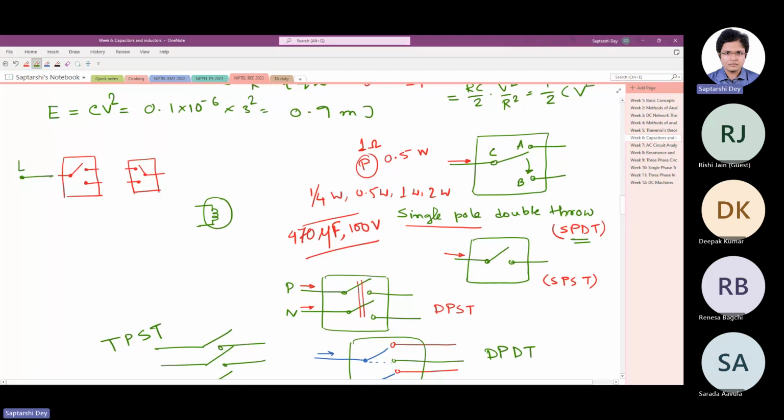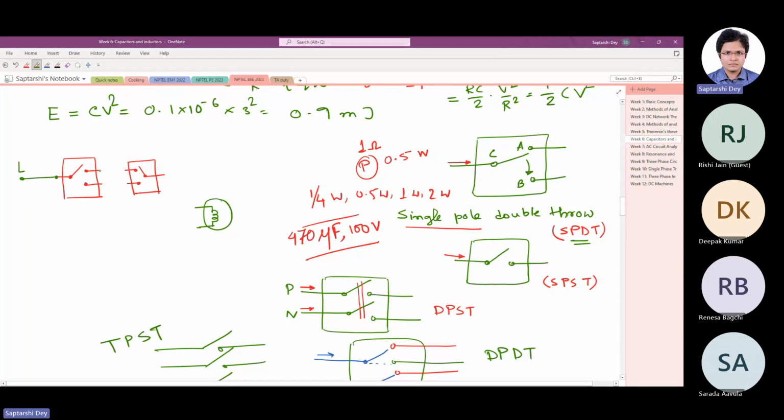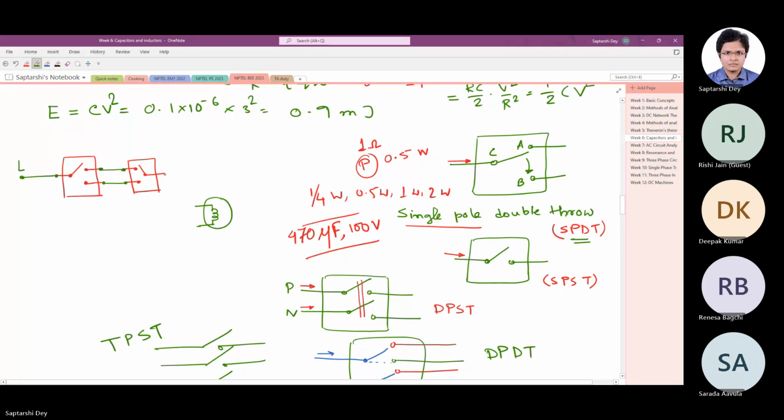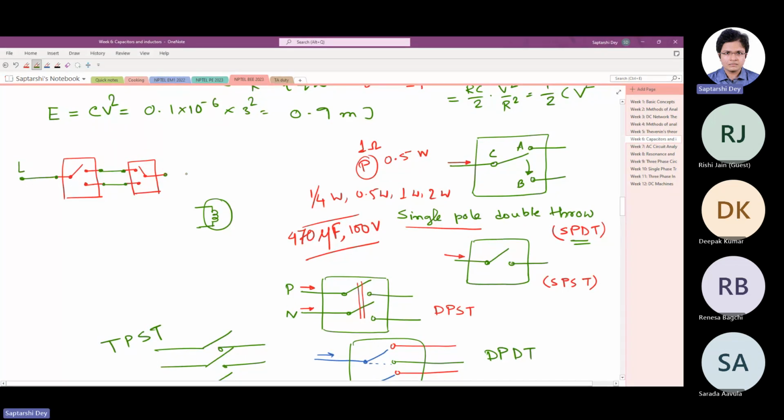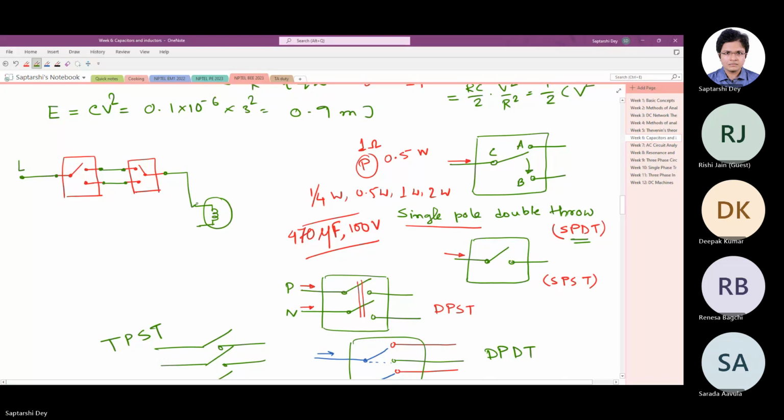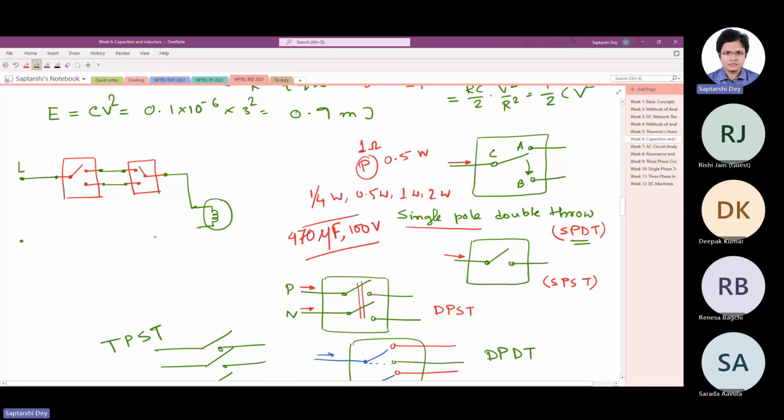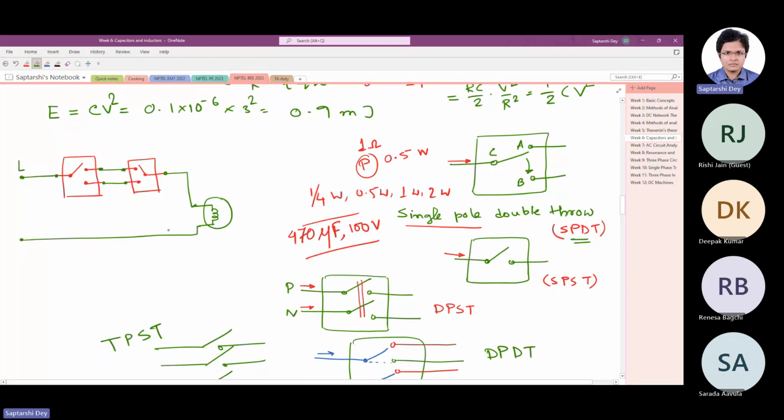The live wire goes to the middle pole of one switch. Then these poles are connected like this. And this one goes to the lamp, and the other end of the lamp goes to the neutral directly.